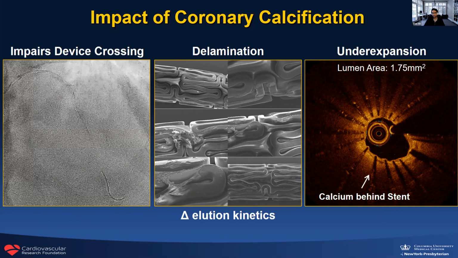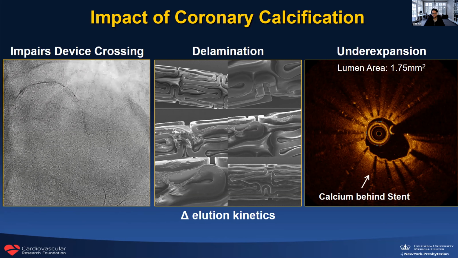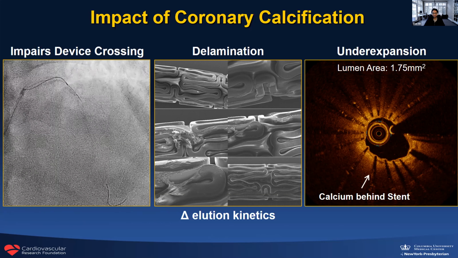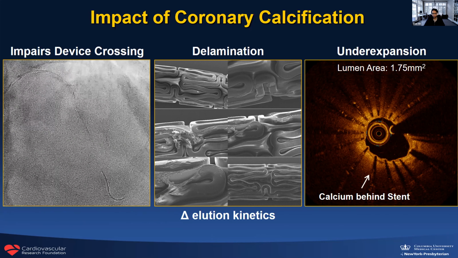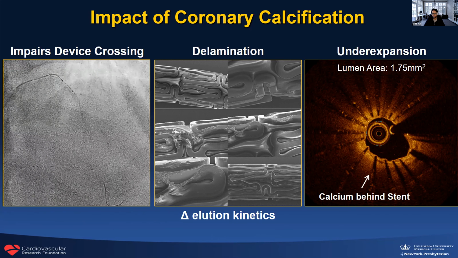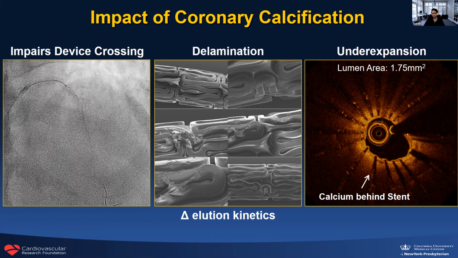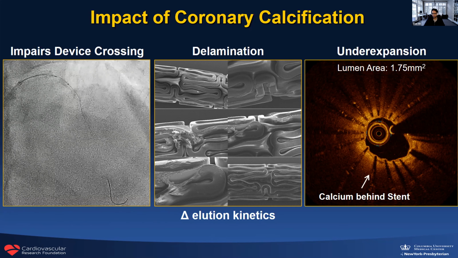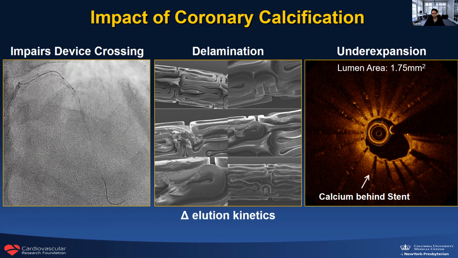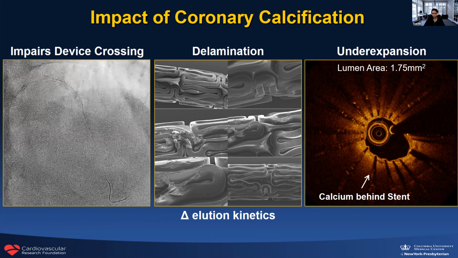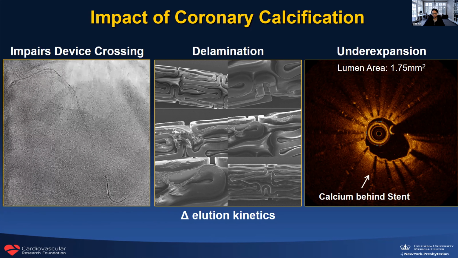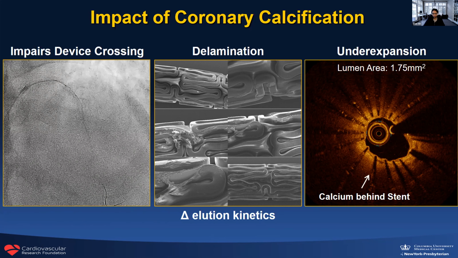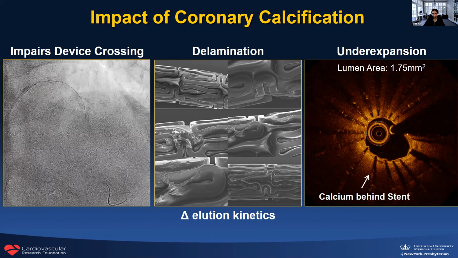It can cause delamination of the stents and the polymers, which likely has a significant impact on the ability to stop neointimal hyperplasia. And obviously, this is the elephant in the room: significant calcification, whether recognized or not, can lead to significant underexpansion of the stent, which hampers long-term clinical outcomes.